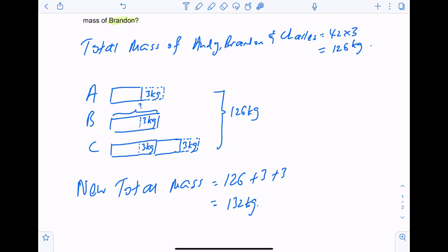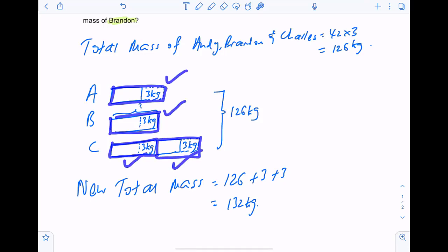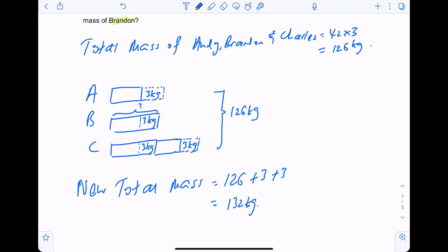Okay, so again, 132 will now be for 1 complete unit here, plus another complete unit for Brandon, plus another one for Charles, plus yet another one for Charles. So total 1, 2, 3 and 4 complete units. So 4 units will be equals to 132 kg.